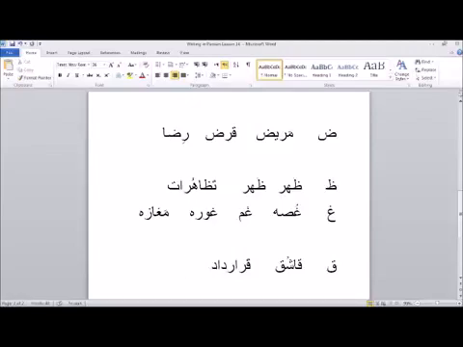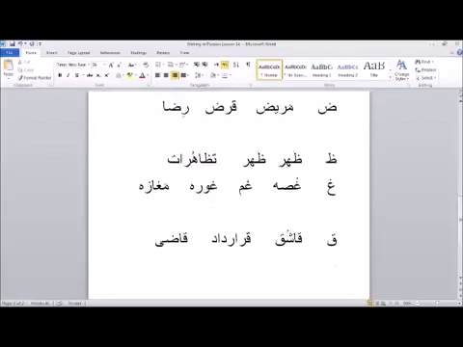One more example would be qazi, which means judge. Oh, the famous one is qurme sabzi. Qurme sabzi is a Persian dish. I like it very much.